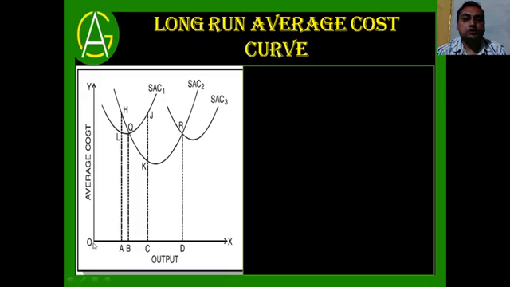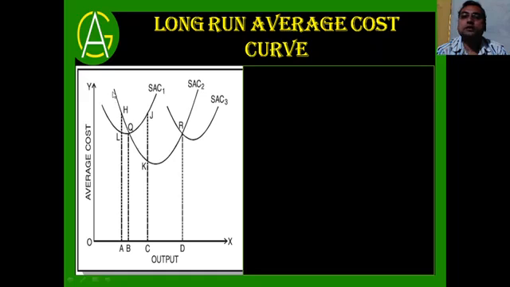So if we produce OC level of output, plant 2 will be better, but if we produce OA level of output, plant 1 will be better. So these are different plants, and according to our requirement, we will select the ideal plant. The plant where cost is minimum will be considered the ideal plant. So these are short run average cost curves.